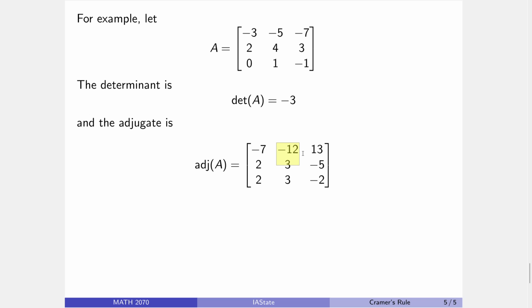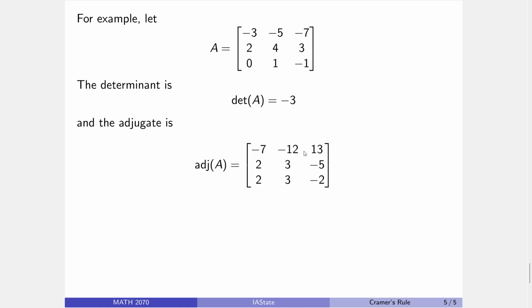Likewise here, this -12, this is in row 1, column 2, so what we'll do is delete row 2, column 1, and compute that determinant. Note here you'll have 5 plus 7, giving me 12, but the spot we are in is where the cofactor will be negative, so it's -12.